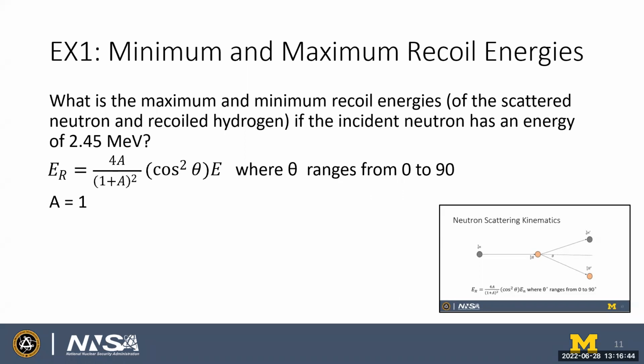Yeah, Ahmed's got it. So the minimum is when theta is, oh, sorry, that's actually backwards. So the maximum would be when theta is 90. And the minimum would be when theta is 0. But we pretty much have the answers there, so I'll keep moving on.